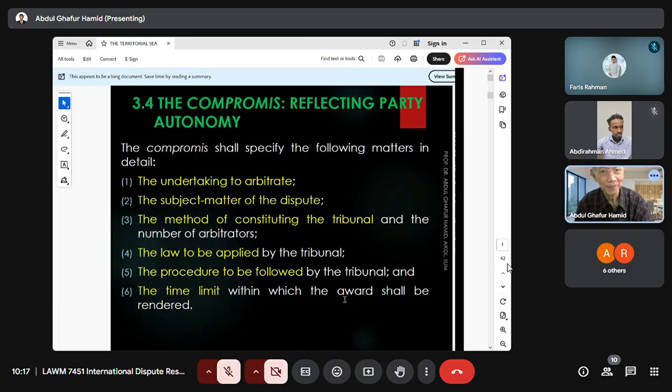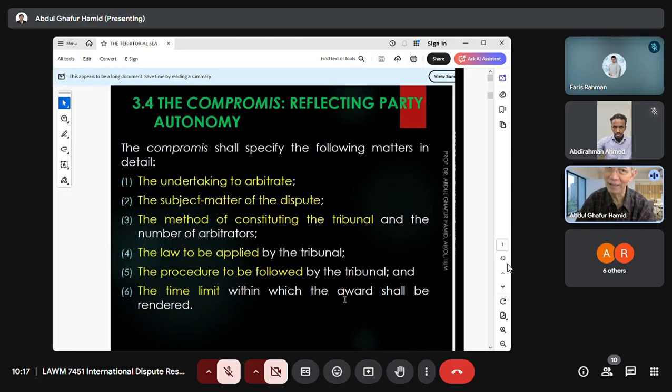Number one, the undertaking to arbitrate. The undertaking means the agreement, the consent. We agree that our dispute shall be decided by arbitration. That's an undertaking, agreement, or consent to arbitrate. Number two, subject matter of the dispute. What is the subject matter?